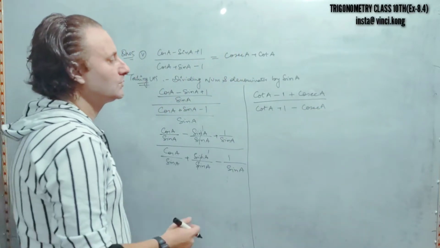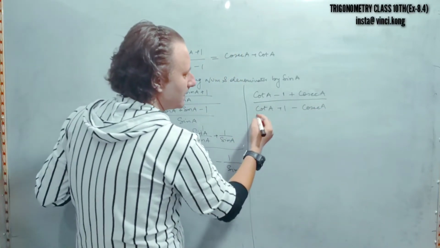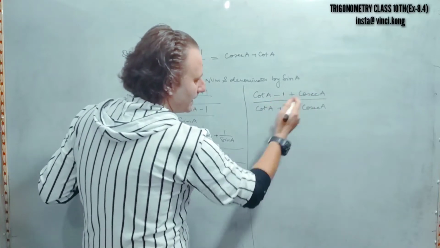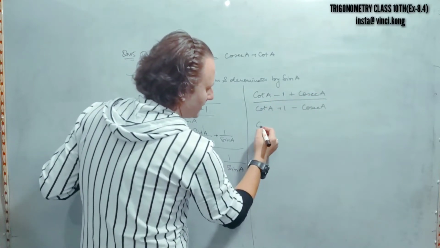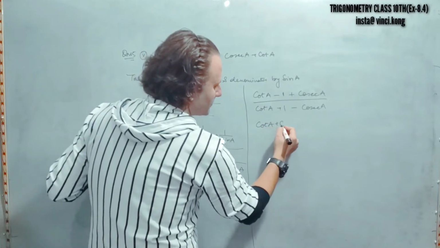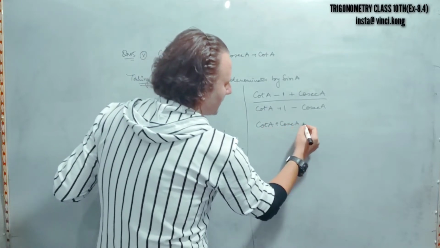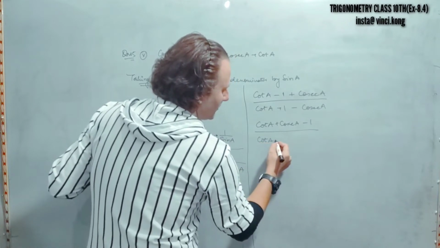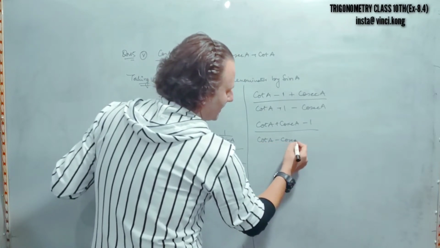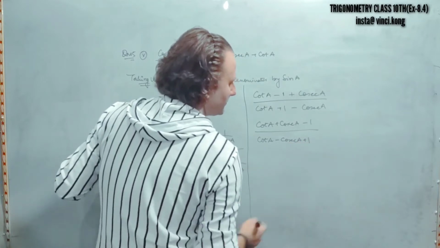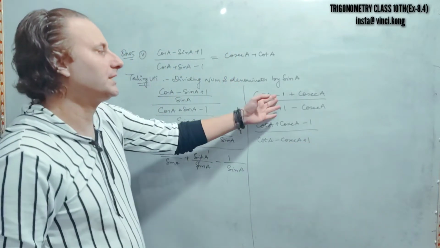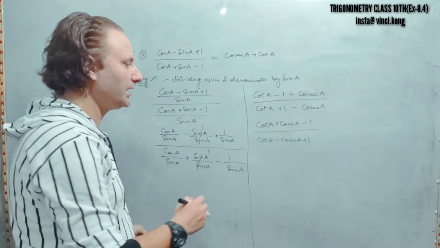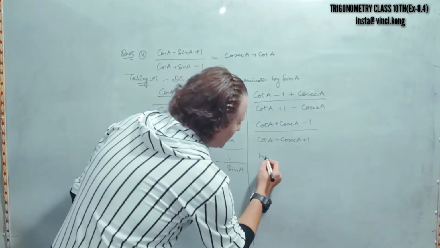Clear guys? I'm going to just change a bit here. I will take 1 that side. So I'll write here as cot A plus cosec A minus 1 divided by cot A minus cosec A plus 1. No change. I've just changed the place of minus 1. Why? Because I'll tell you right now.